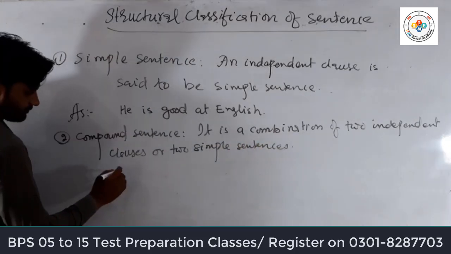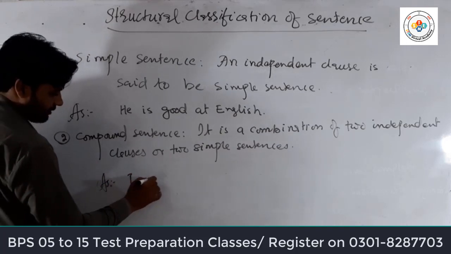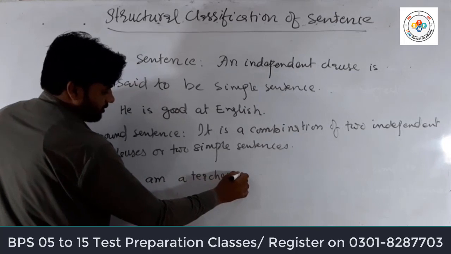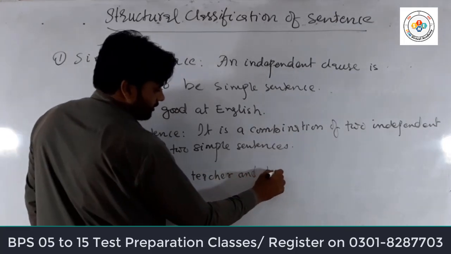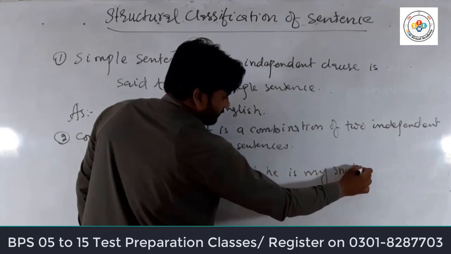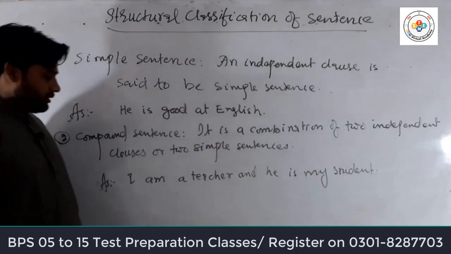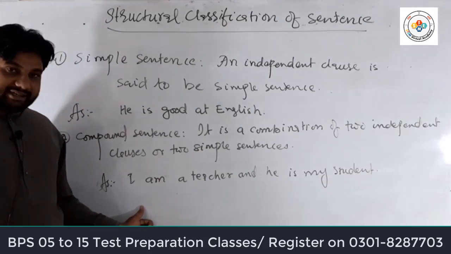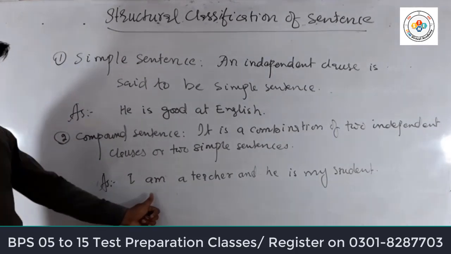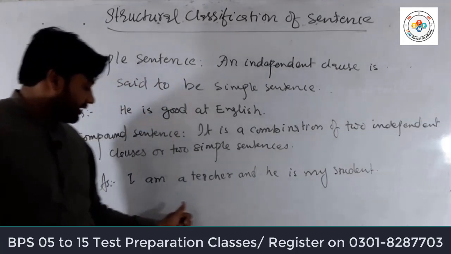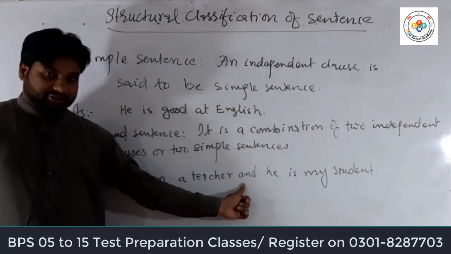As, I am a teacher and he is my student. This is said to be a compound sentence because there is a simple sentence and there is another simple sentence. Those are combined, connected with coordinate conjunctions.